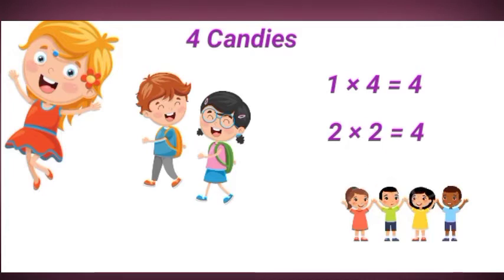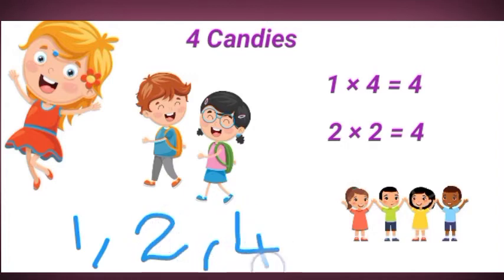The numbers which we used in the multiplication are called factors. So we can say I have 1, 2 and 4. Here we have two 2's. No need to write 2 two times; you can write it one time, enough. So here the factors of 4 are 1, 2, 4.